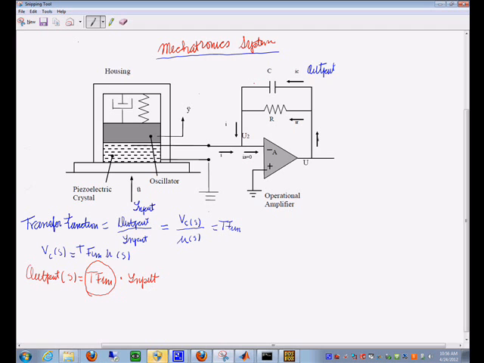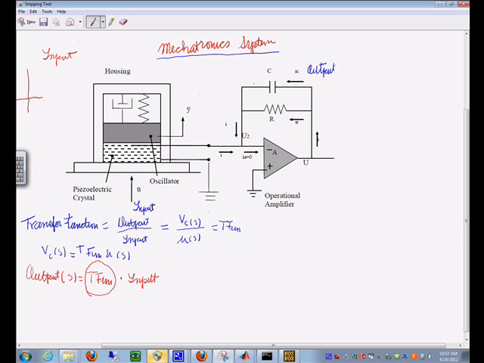Okay. So what we are going to do in this case is give an input here at a certain frequency and find out what the output is over here. Then we're going to change the frequency input and see what the output is over here. So the input is going to be of this kind, like this.